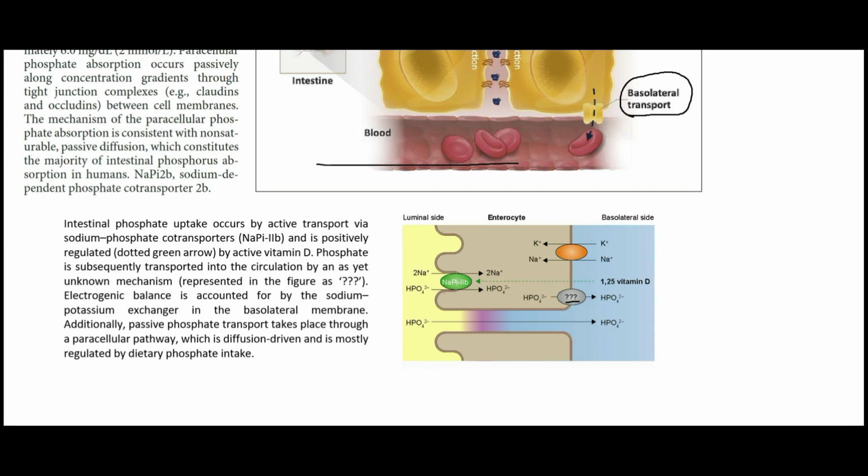So we're looking at this sodium phosphate 2B transporter here, which brings in two sodiums and one phosphate into the cell. But I also wanted to show that vitamin D actually increases the transport of phosphate into the cell.